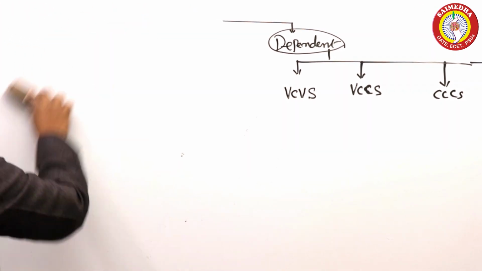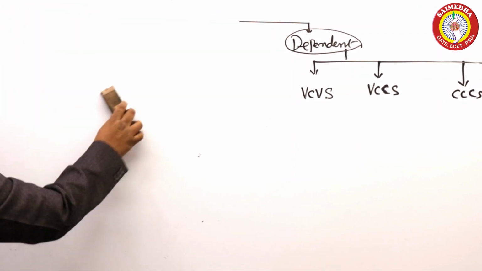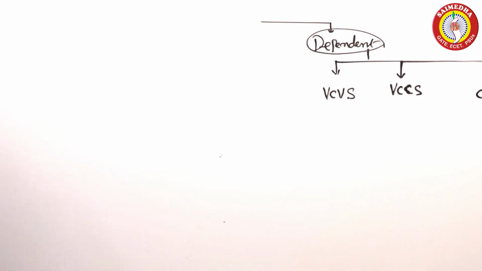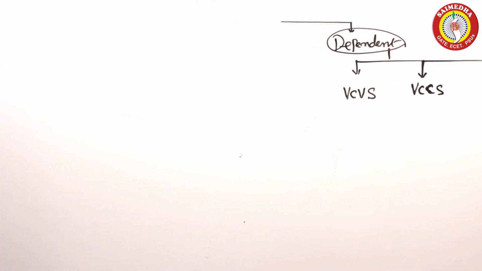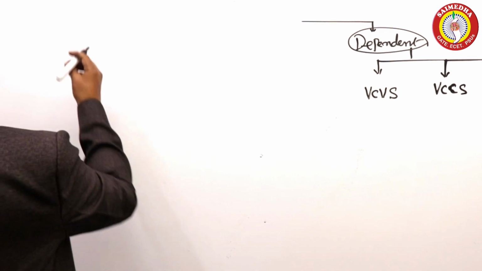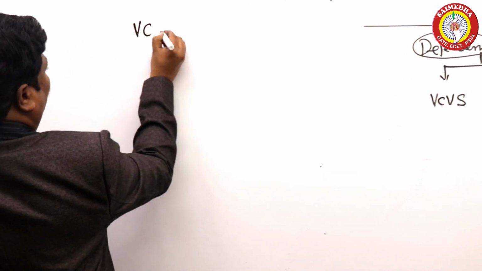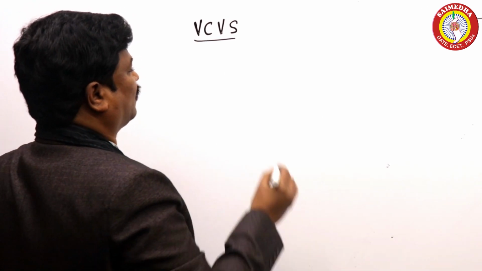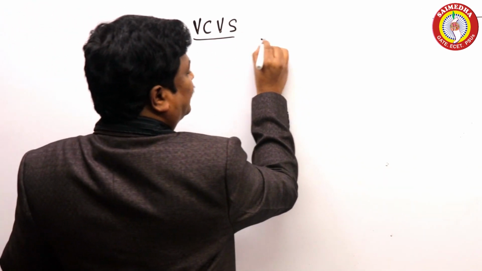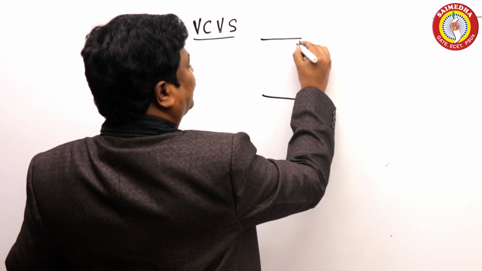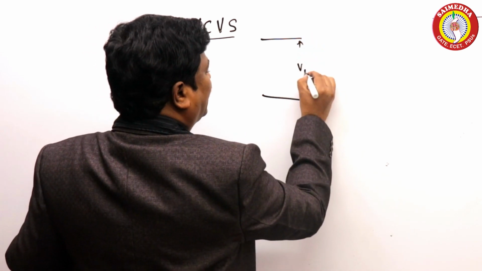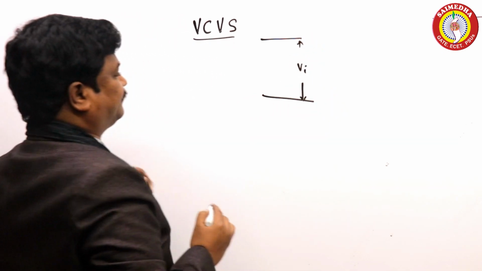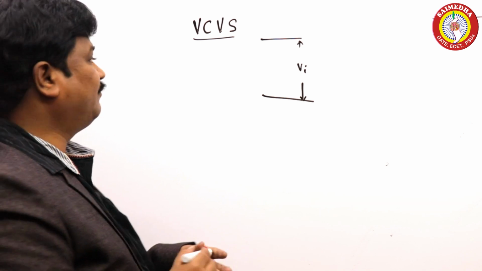Now coming to our discussion, we have a voltage controlled voltage source. How can you write this? Whenever it is voltage controlled, this is the input voltage, the input side is open, and it can be written as Vi.